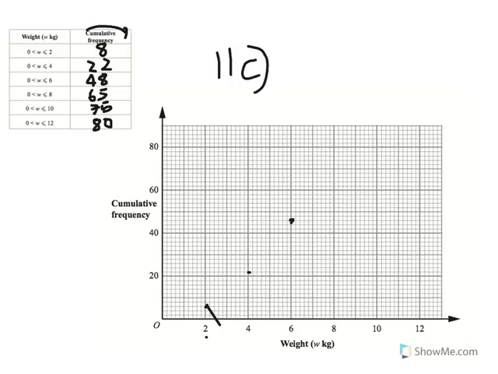Sorry if it's like a bit untidy. And then we have 8 and 65, which is about there. And then we have 10 and 75, which is there. And then we have 12 and 80, which is there.